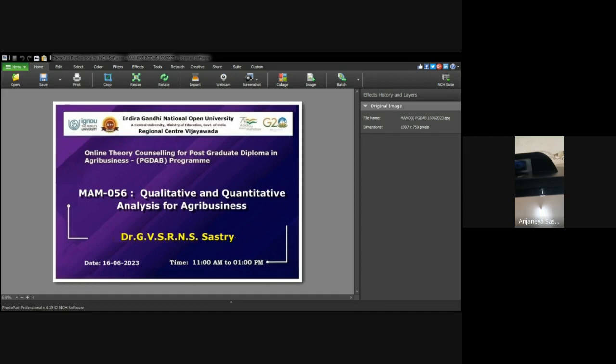We have different types of tables. We give the numbers: table 1, 2, 3, 4, 5, 6, like that. If there are different chapters, we give 1.1, 1.2, 1.3, 1.4. If you prepare another chapter, the tables are 2.1, 2.2, 2.3. For the third chapter, tables 3.1, 3.2, 3.3.